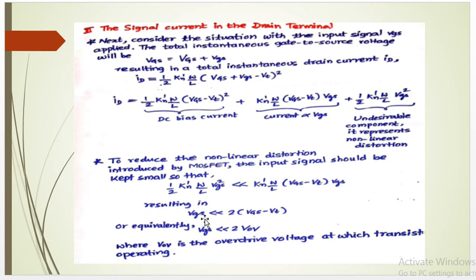If you solve this equation, Kn dash W by L will get cancelled, this 2 will go on this side, and Vgs will get cancelled, so Vgs is very much less than 2 times Vgs minus Vt, or equivalently Vgs is very much less than 2 times overdrive voltage. VOV corresponds to the overdrive voltage of the transistor.